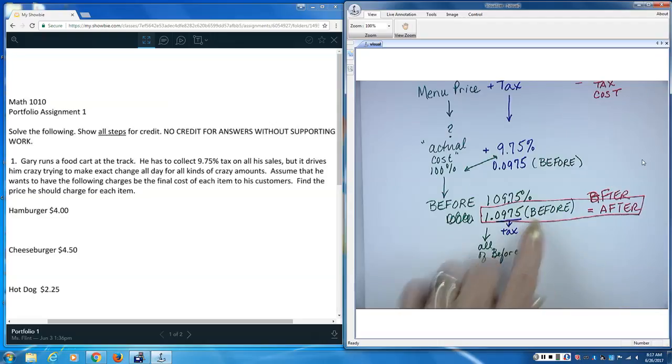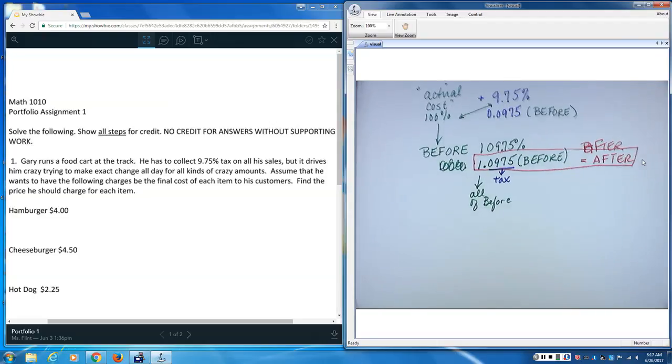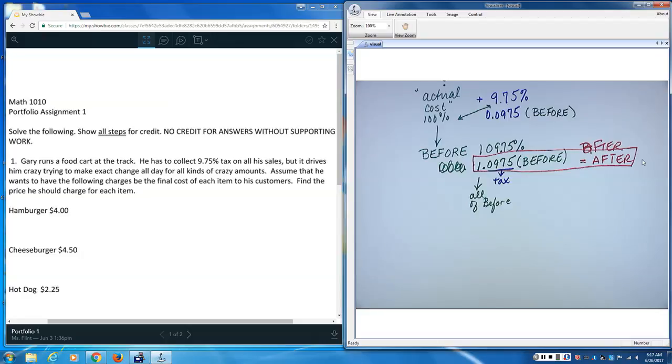Okay? Now, if you want to talk about solving as an equation, you can, but it's easier to remember this rule.